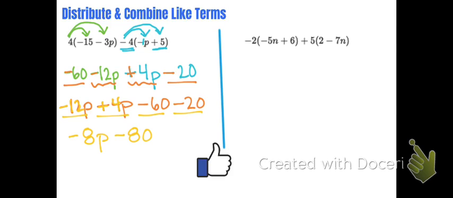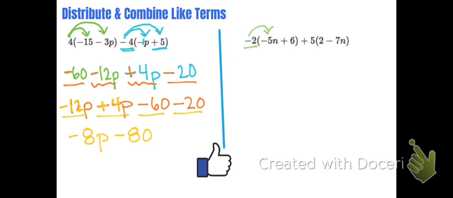All right, one more like this. Let's focus on the first set of parentheses. We're going to take that minus 2 and distribute it to both numbers inside the set of parentheses. So minus 2 times negative 5n is not negative, it's positive.